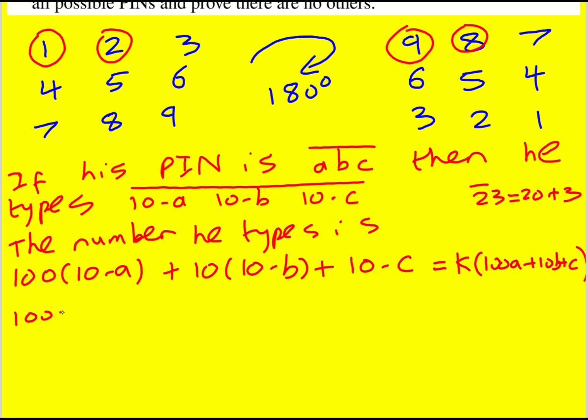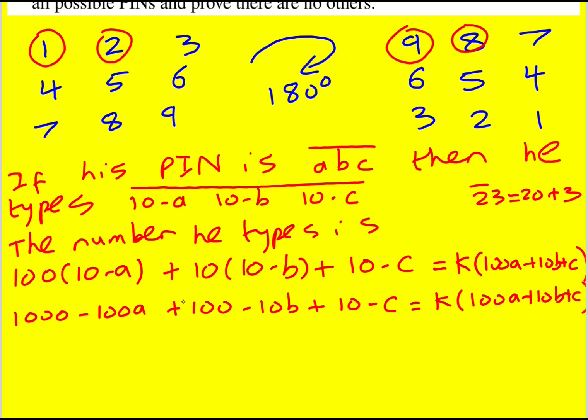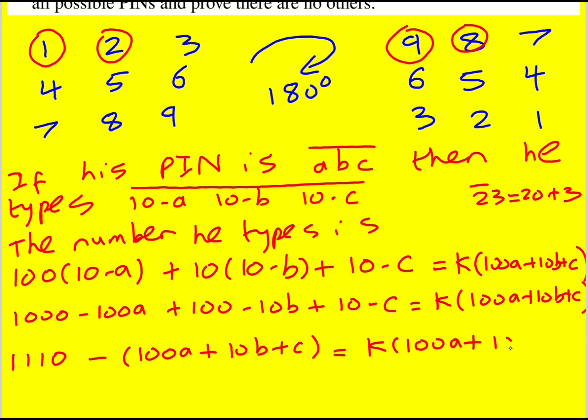I'm going to get 1,000 minus 100A plus 100 minus 10B plus 10 minus C equals K times 100A plus 10B plus C. That leaves me with 1,110 minus 100A plus 10B plus C. In fact, what I can then do is add it onto both sides, that 100A plus 10B plus C, and I'll do it in steps.